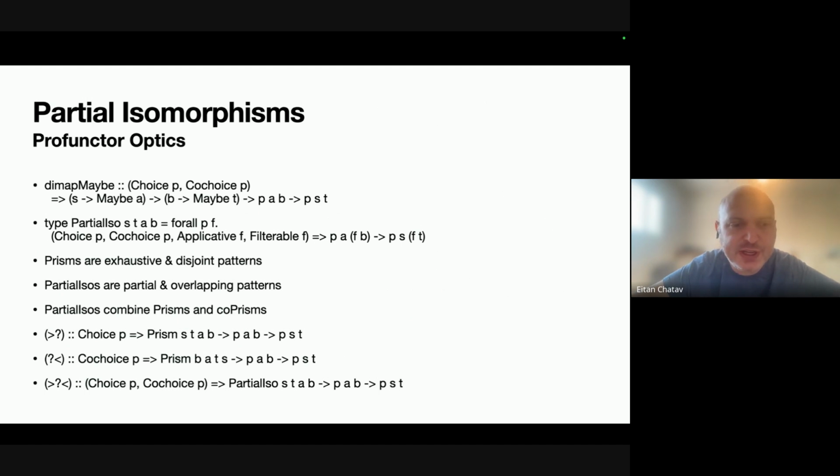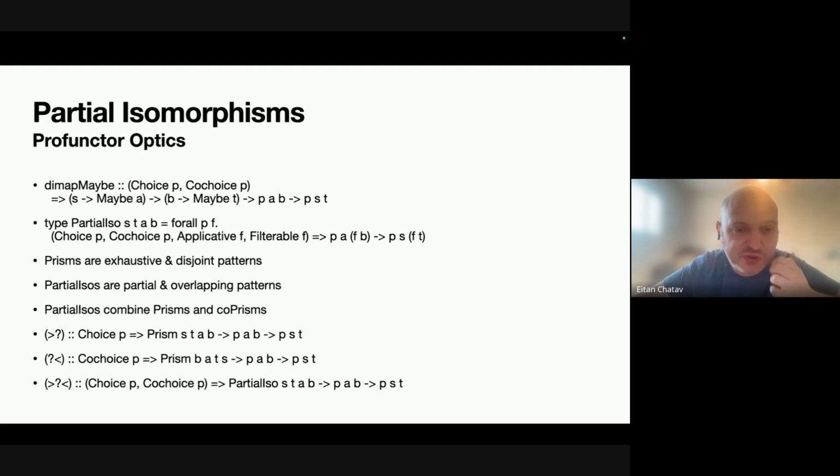And we can generalize right prime and left prime to any prism, right? Those correspond to the constructors right and left of either, but we can do it for any constructor. And that gives us an action of any prism on a choice profunctor.